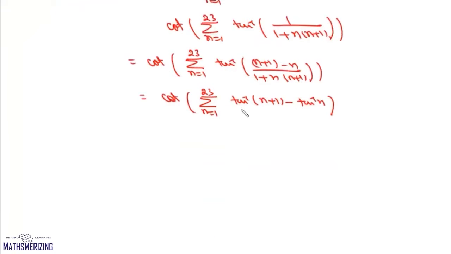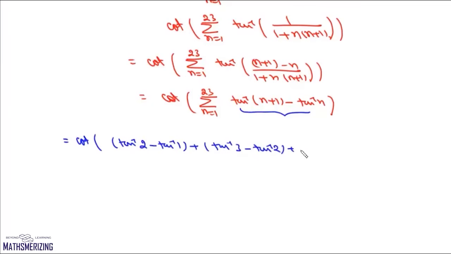Now we'll start expanding this summation. So we can write this as cot of, now we'll put n as 1, we'll get tan inverse 2 minus tan inverse 1. For n equals 2, it'll be tan inverse 3 minus tan inverse 2, and it'll continue up to 23, where it will be tan inverse 24 minus tan inverse 23.